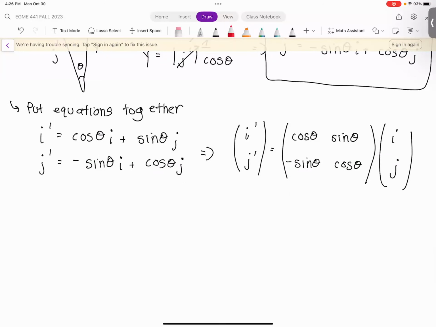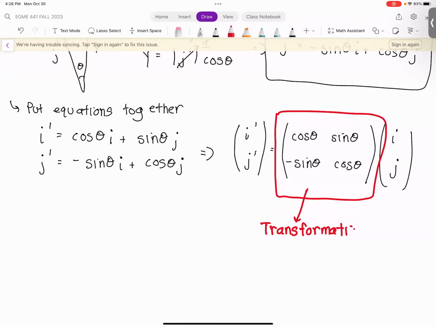This matrix that comes out of here is a transformation matrix, and that's exactly the transformation matrix that we're looking for in this part here.